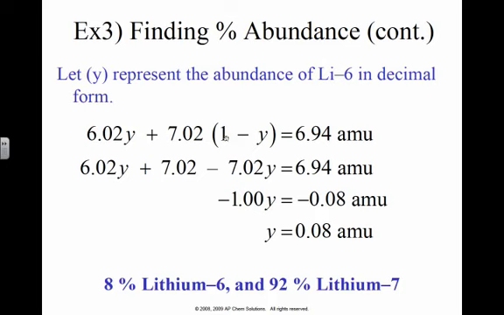Well, then this would be found 75%, or 0.75, so 1 minus it. So we have, they're going to use y instead of x. Oops. 6.02 times x plus 7.02 times (1 minus x). Carry all of this out, and we solve for y, and we get 0.08, which means 8% lithium 6.02, 92% lithium 7.02.